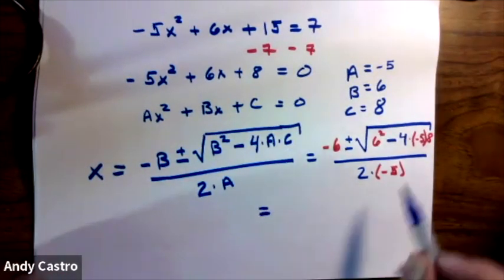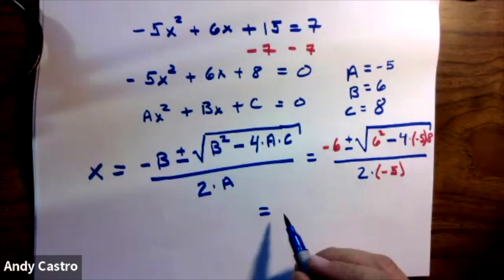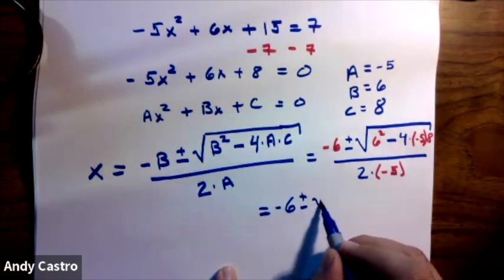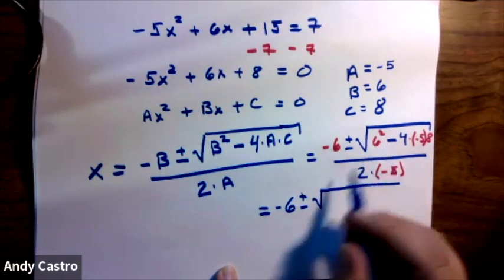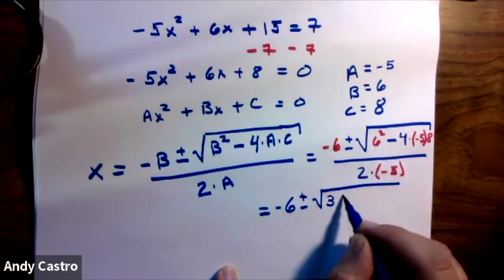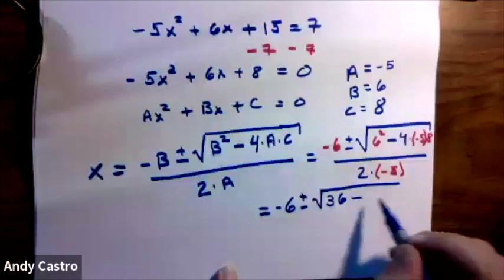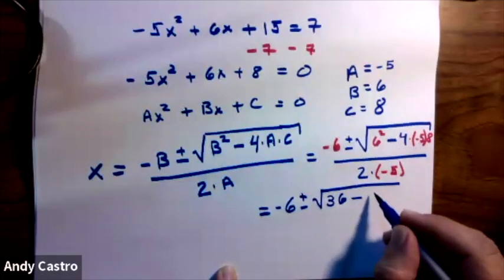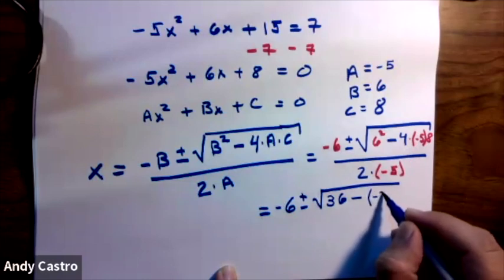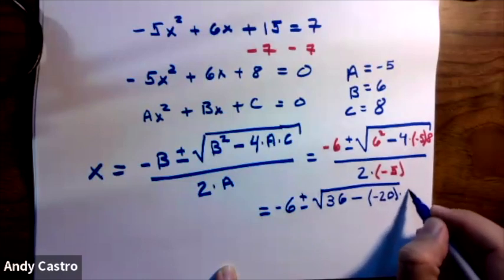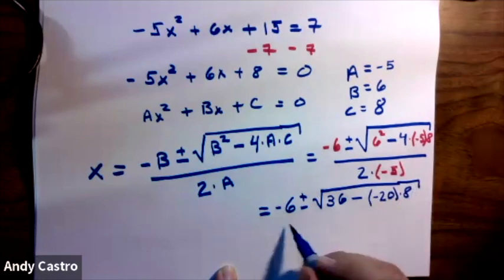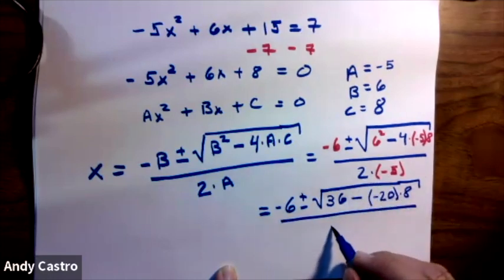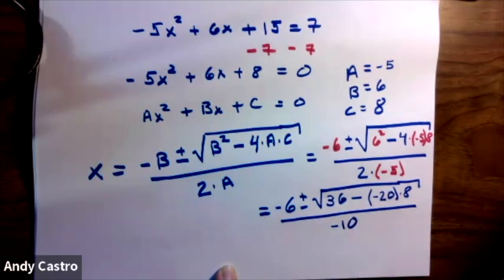All right. So now let's look at the discriminant. 6 squared is 36 minus 4 times -5. That's -20 times 8, all over 2 times -5, -10.